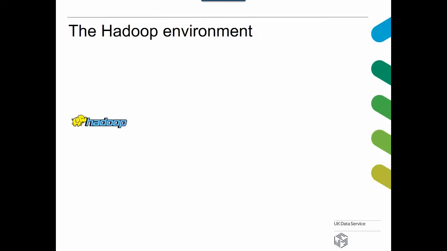On top of Hadoop, you will typically find running things like Hive, which allows you to treat your data as tables, SQL-like tables. We've got Pig, which is again a data manipulation type language. We've got Mahout, which is used for statistical analysis or machine learning.